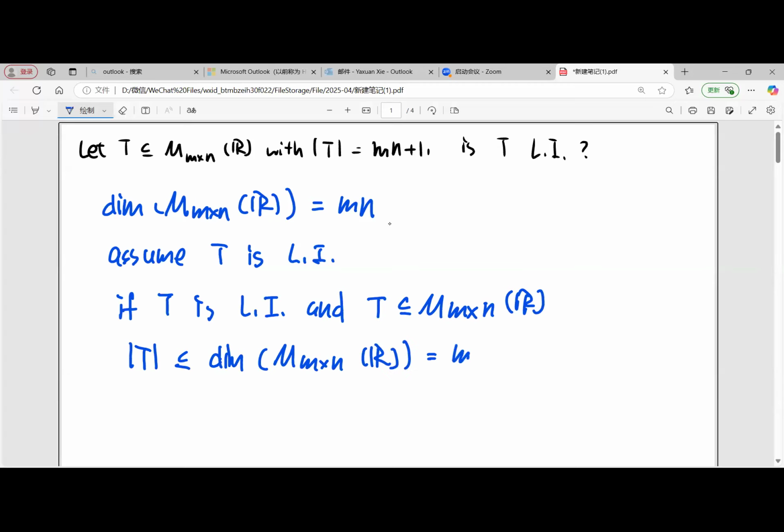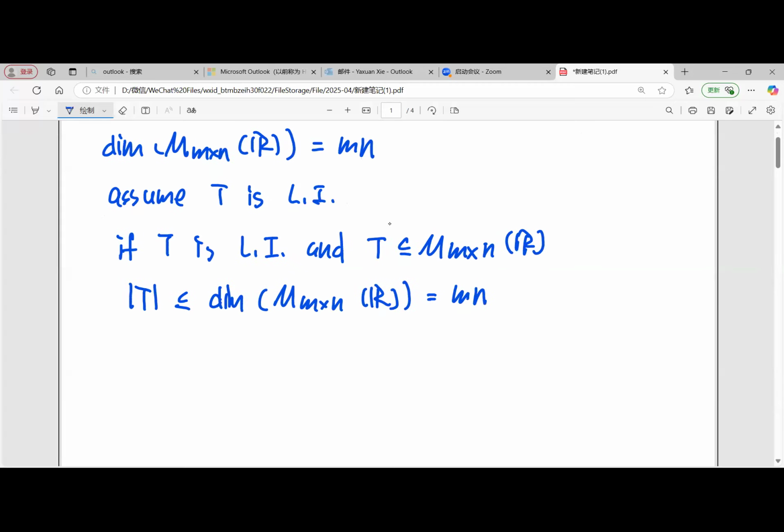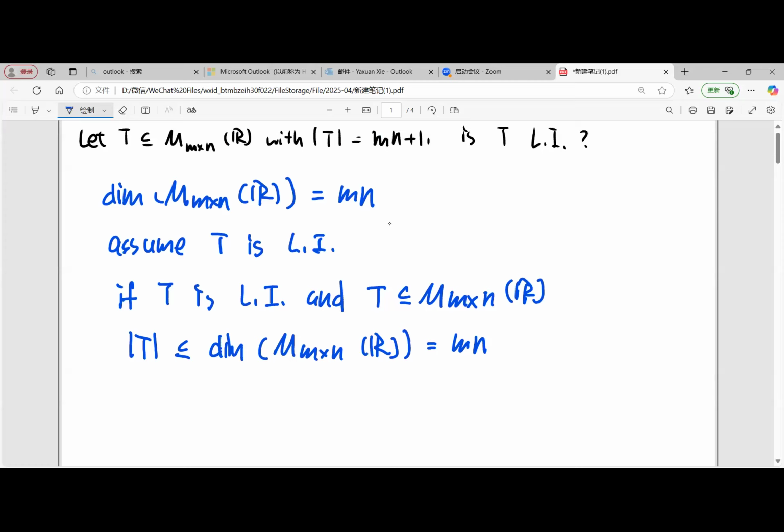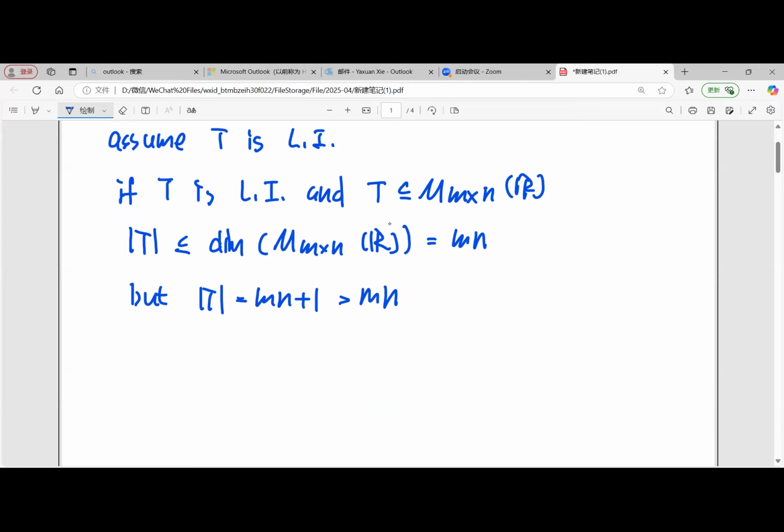But according to the conditions, we know the size of T equals mn plus 1. And this is greater than mn. So thereby we have a contradiction. So our assumption must be false.